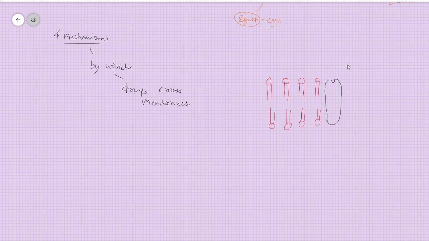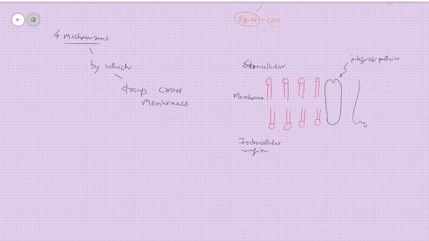So this is an integral protein. Outside this cell, this is the extracellular region. And this is the membrane, and this is the intracellular region. So below this part is the intracellular region.